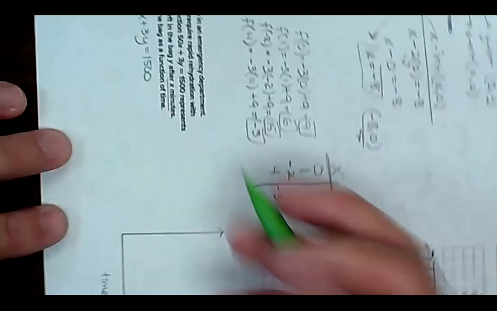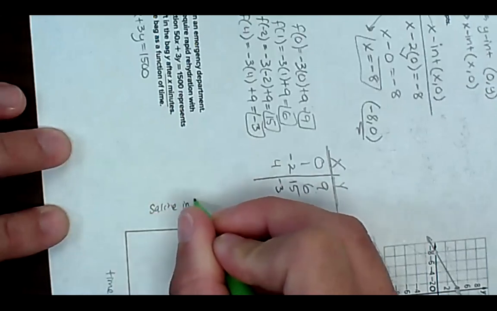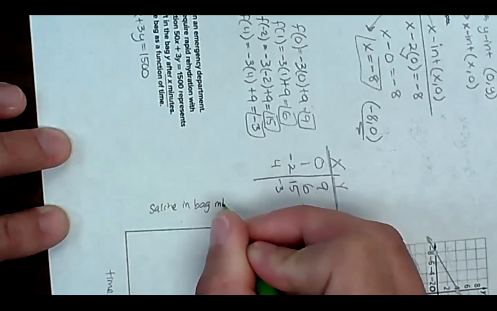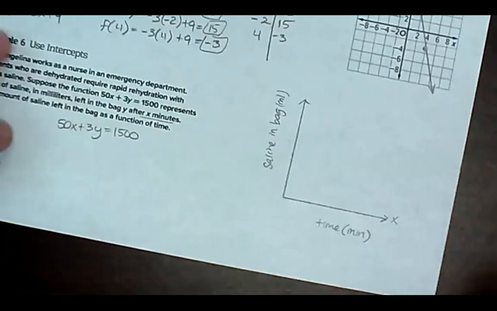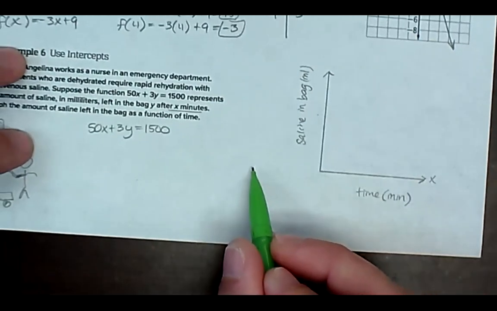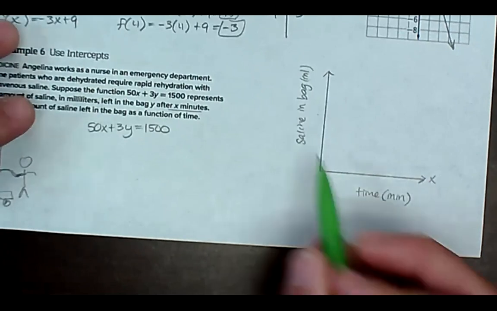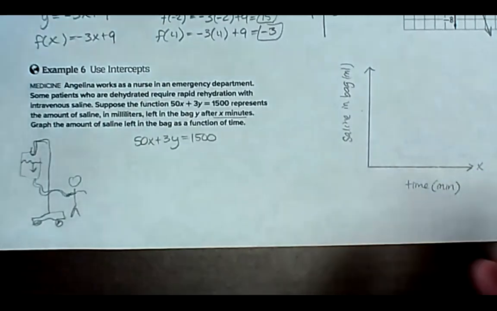Saline in bag, and it's in milliliters. So we're not going to be using the negative part of time. There's no negative amount of time, and we don't go down in the y's because we don't have negative saline. If that runs out, the least you can have is 0. That's it.